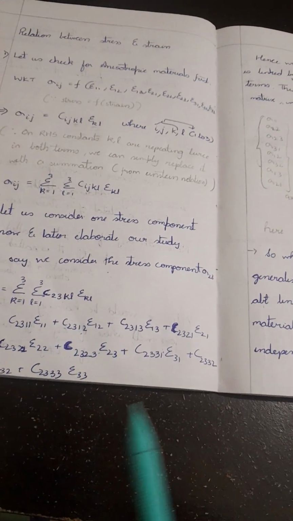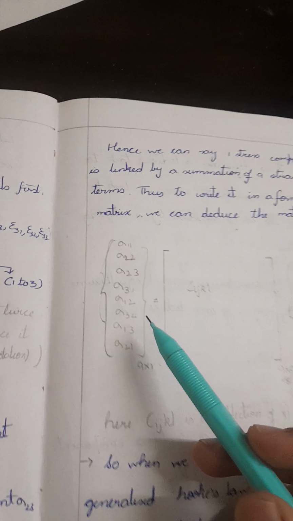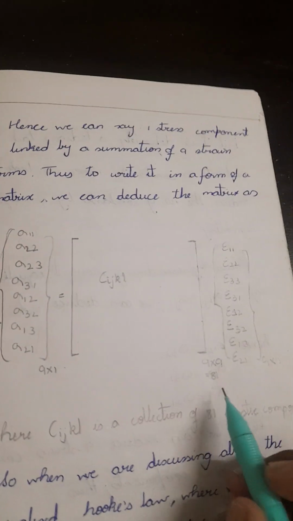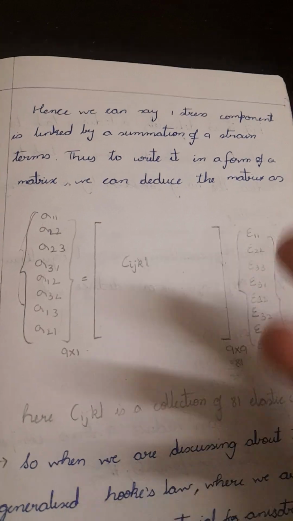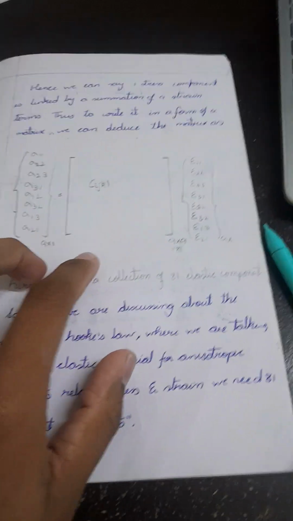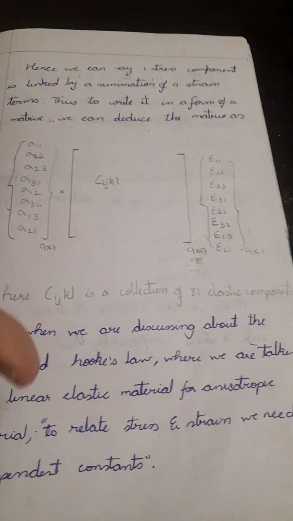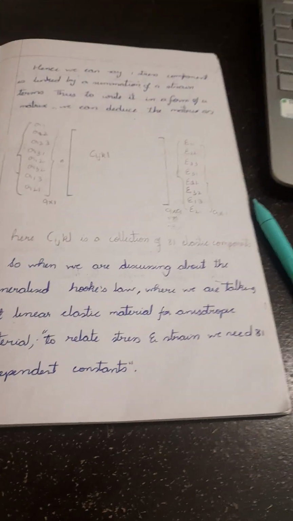The Cijkl represents this function, right? So we've got 9 different constants for each of the 9 stress components. So we've got a 9 by 9 matrix, which is a total of 81 elements, right? 81 constants. So my stress and strain can be related through a matrix which has got 81 constants, and that is what Hooke's law states in composite materials.